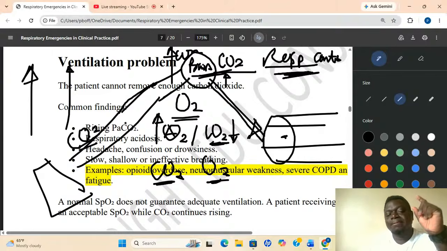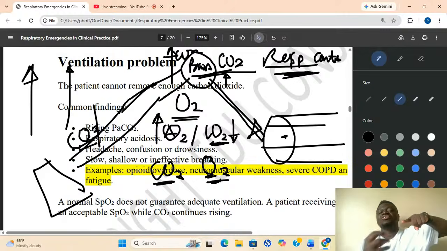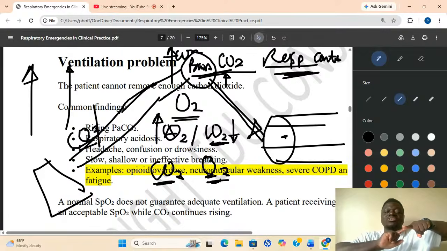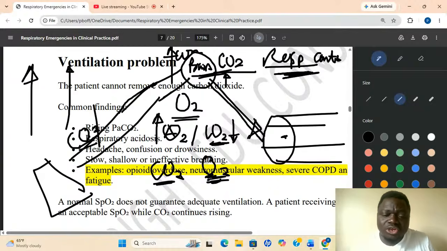In the bloodstream of COPD patients, their oxygen is low. If I put a saturation probe here and measure the concentration of red blood cells that goes through it, I will always get a low oxygen reading.